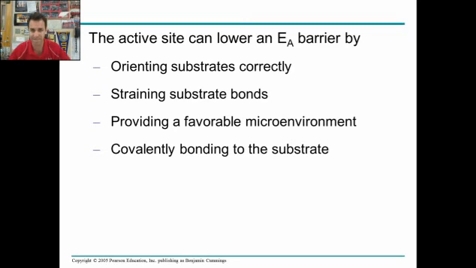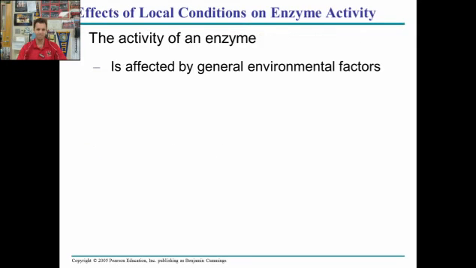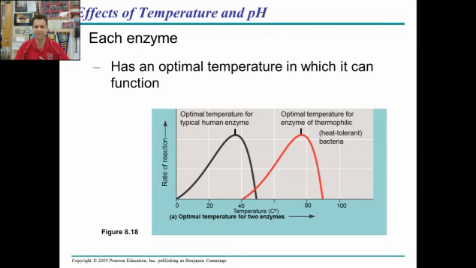So straining substrate bonds, providing a favorable microenvironment, so altering the environmental conditions, making it more hydrophilic or hydrophobic, for example. Acid or base to affect the strain or the orientation of the substrate, allowing it to be affected. And then covalently bonding to the substrate directly can alter the substrate shape and allow it to minimize the activation energy.